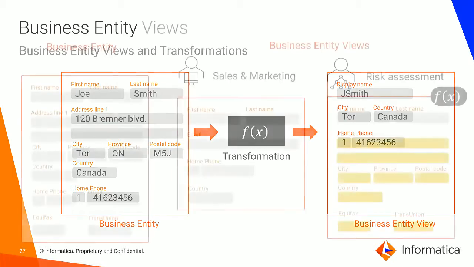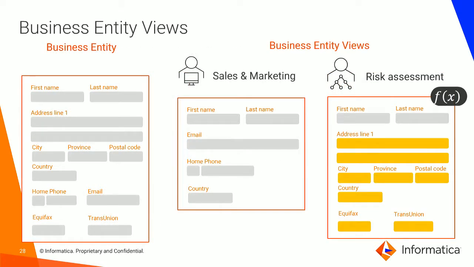Now, let's put this into context with the business entity views and the problem that we were talking about earlier. The business entity model is this complete model which has things like first name, last name, full address, home phone, email, and some sort of credit score, maybe from some sort of bureau. The sales and marketing folks would see a view that just presents the email data and home phone data.